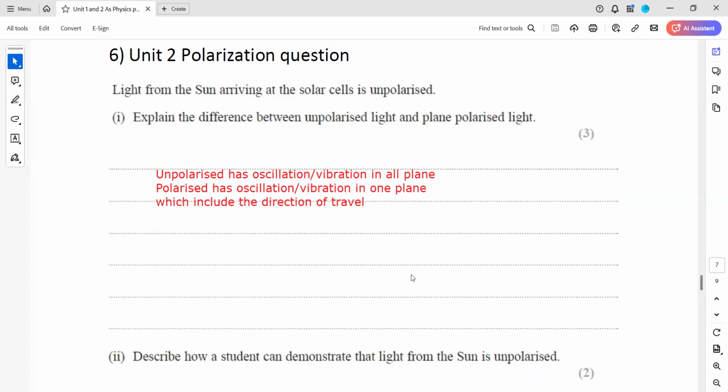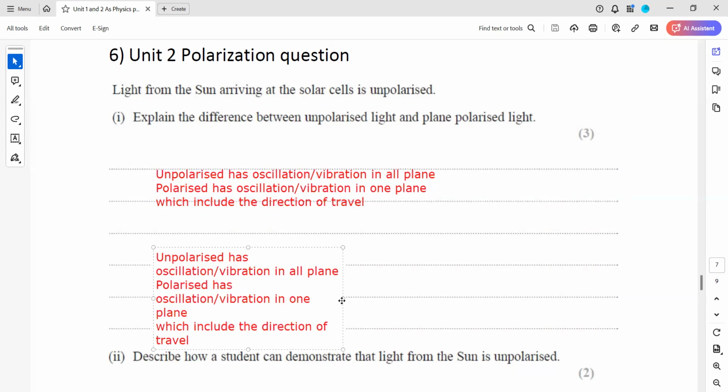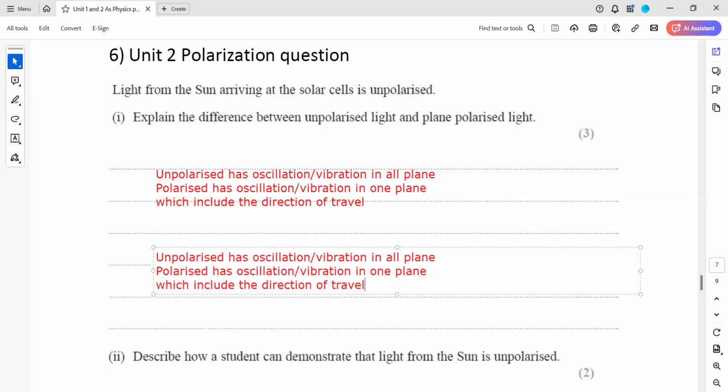But what if you write the same definition in terms of direction? Like we want to write the polarized and unpolarized light definition in terms of direction. So we will mention the unpolarized light has oscillation or vibration in all directions, and the polarized light has only one direction.